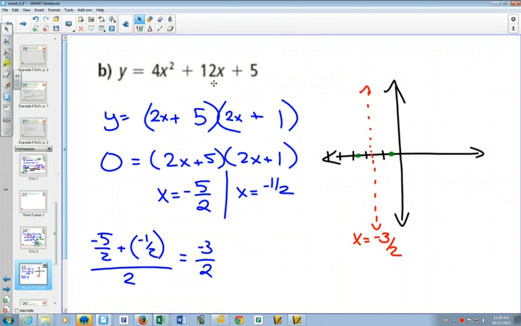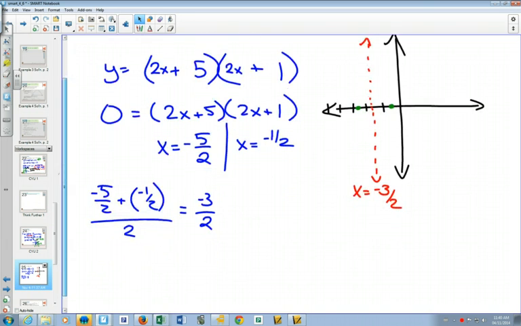Plugging that value in, and again, I'm going to go to my calculator here. Four times negative 1.5 squared plus 12 times negative 1.5 plus 5. So what I did is I know my axis of symmetry is negative 3/2.